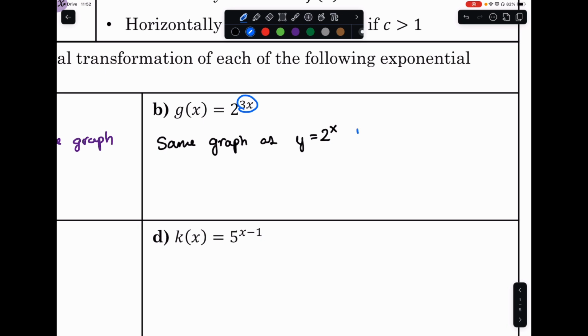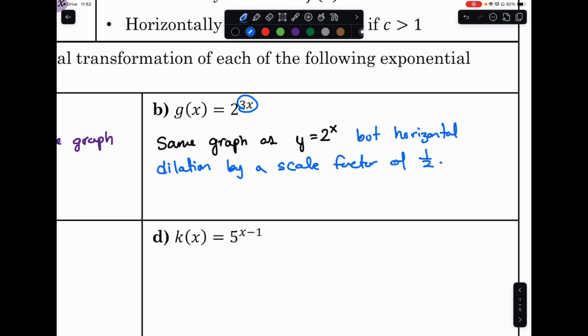But the 3x is going to result in a horizontal dilation. I should really be specific: it's a horizontal shrink by a factor of, not half, I'm sorry, a third. That's a 3, so 1 over 3, the reciprocal of that.